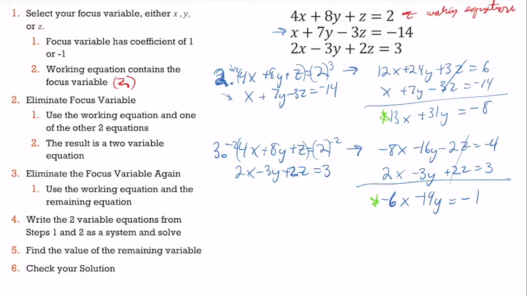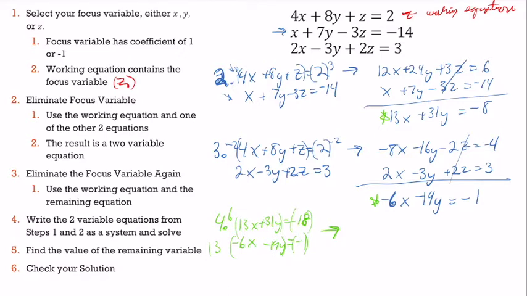So step 4, I have 13x plus 31y equals negative 8, and negative 6x minus 19y equals negative 1. In order to eliminate my x variable, I'm going to have to multiply this top equation by 6 and this bottom equation by 13 in order to have the smallest number possible that would allow my x's to cancel out.